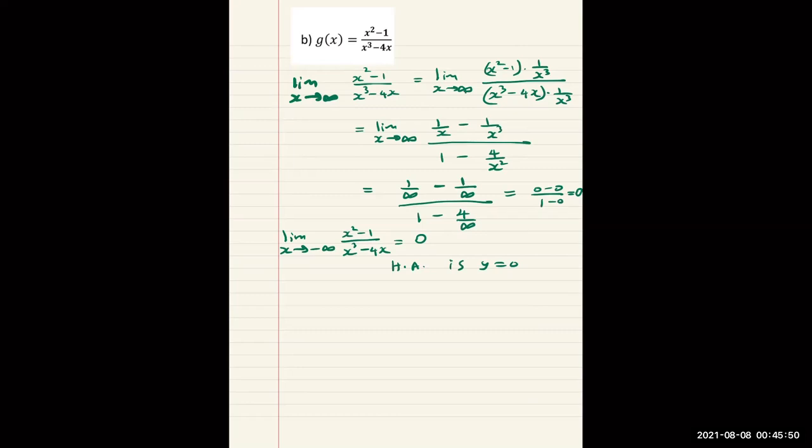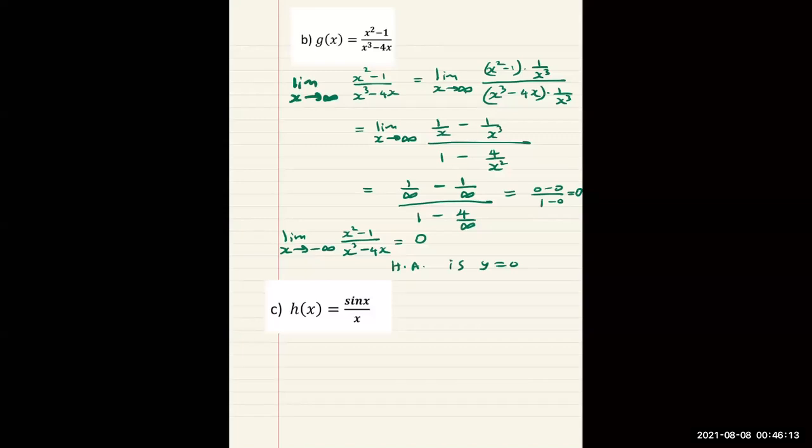All right, let's work on the last one. How do you find the horizontal asymptotes of this one? Basically, again, you need to find what happens to the limit as x approaches plus infinity of sine x over x, and also what happens to this function as x approaches minus infinity.